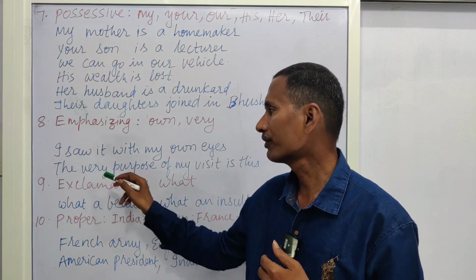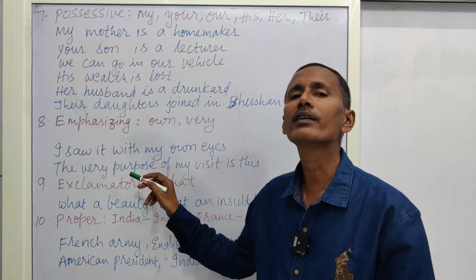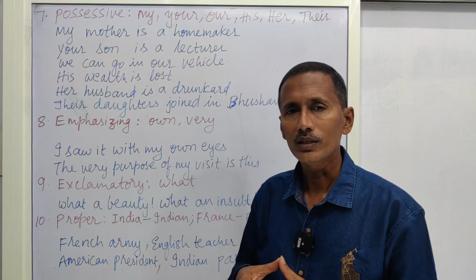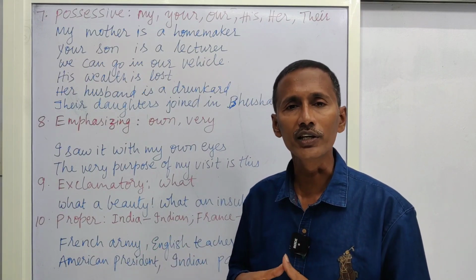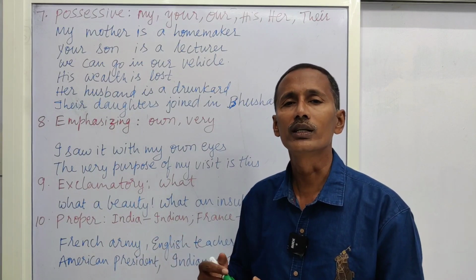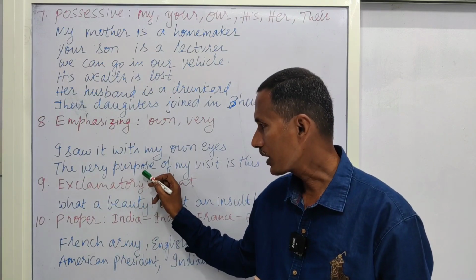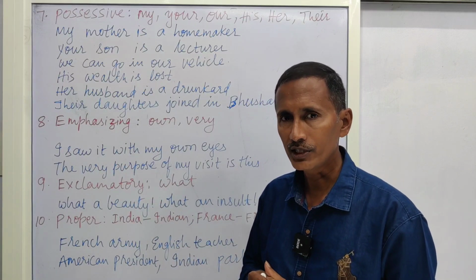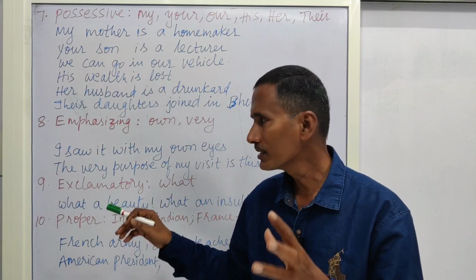Here in this sentence, the very purpose, the very intention of taking this class, or the very aim of my arrival here. So in sentences like these, the word "very," used before the noun "purpose," is said to be an emphasizing adjective because some extra importance or emphasis is given to this word.